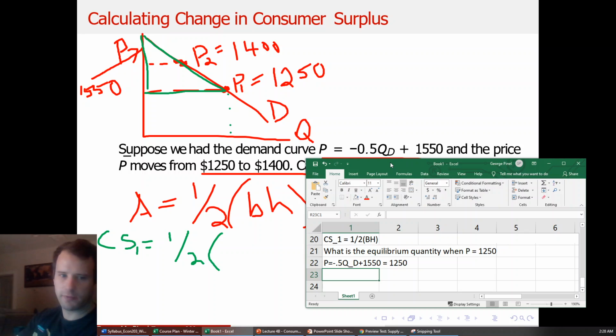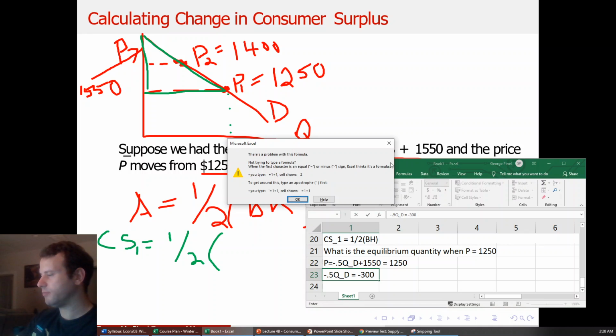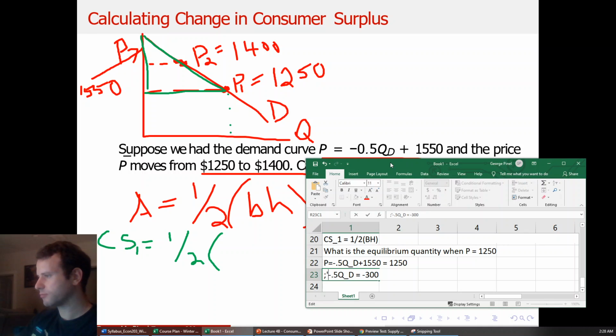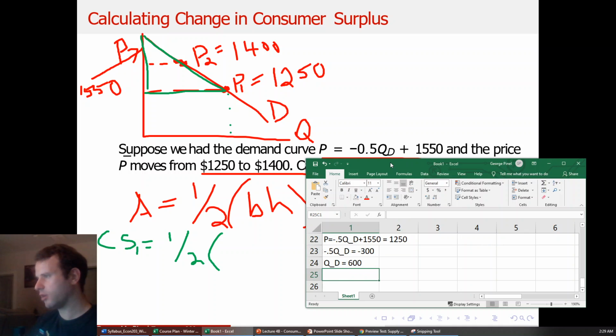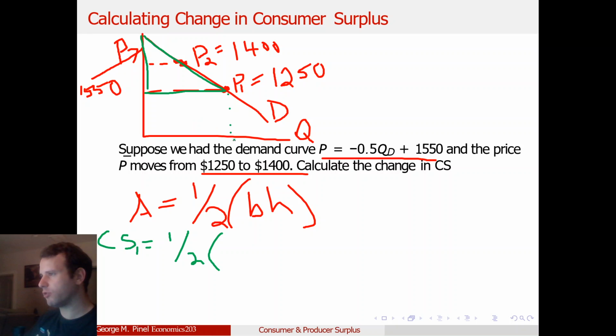Subtract 1550 from both sides, you get negative 0.5 QD equal to negative 300. Then divide both sides by negative 0.5, and you get QD is equal to 600. So this equilibrium quantity is 600.